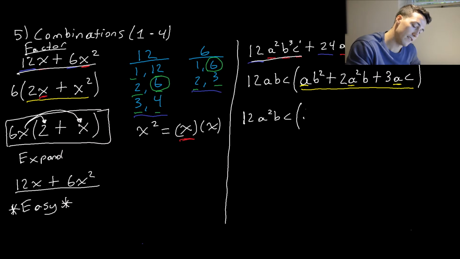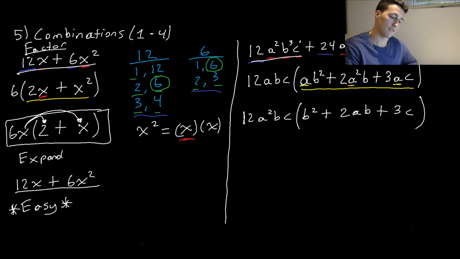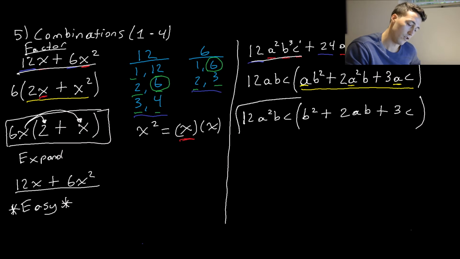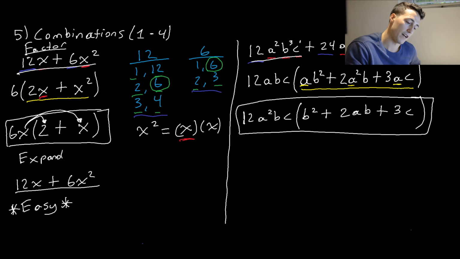And then on the inside, we're going to have b squared, because we factored that a out, plus 2ab plus, and then what are we going to have? 3c. Okay, so now looking at this, let's see if there's any common factors in the expression in the bracket. So we have a b squared, we have a b here, but we don't have any b in this 3c term. So this would be the fully factored form using the greatest common factor of a little bit of a harder example.